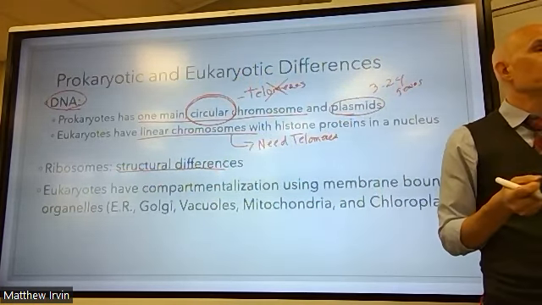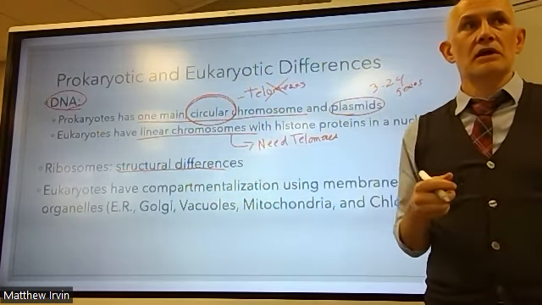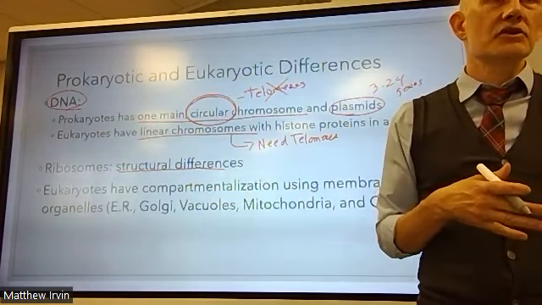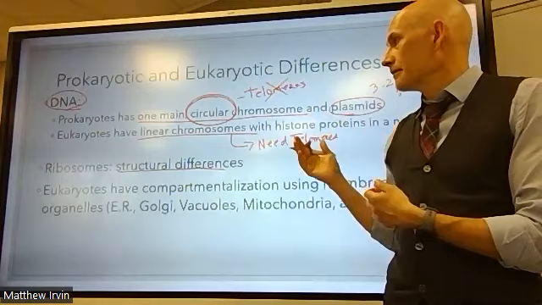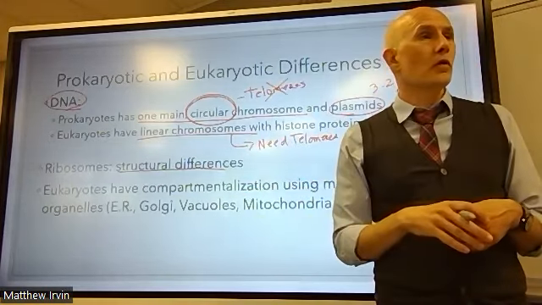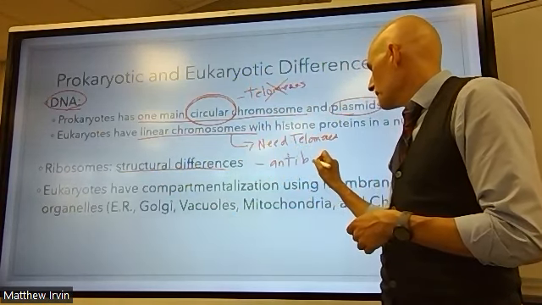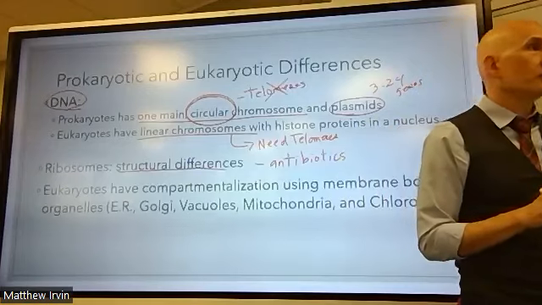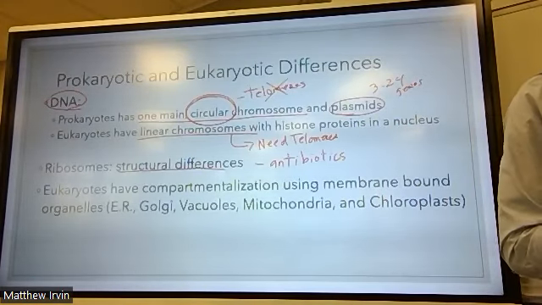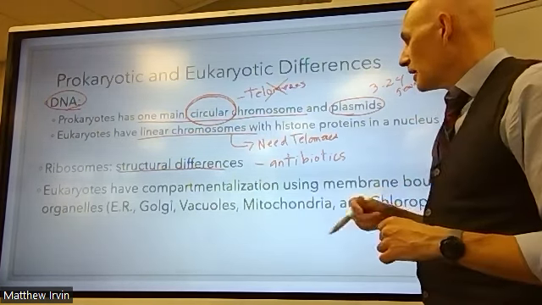That is helpful when you're doing DNA analysis of different kinds of cells, whether you are analyzing ribosomal RNA or the genes that make them, but it's also important for antibiotics, because a lot of antibiotics target prokaryotic ribosomes, and since we do not have those, it doesn't affect us.